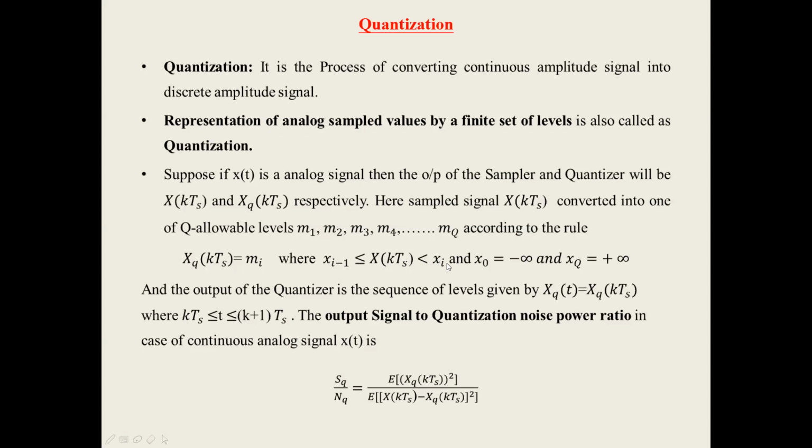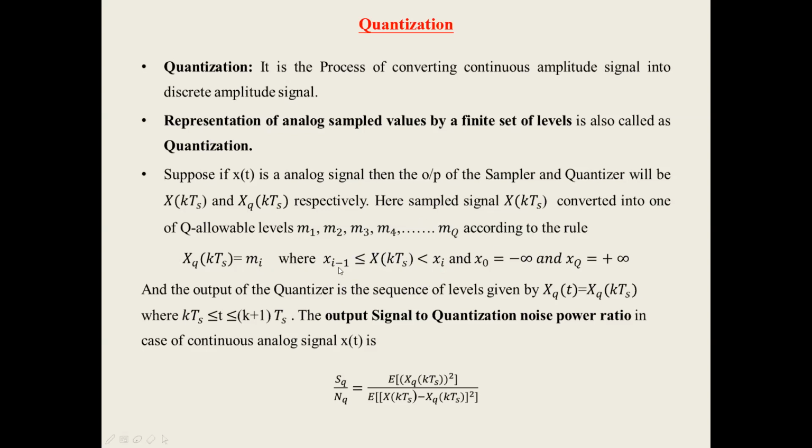So x1 means below 1 volt, and x_(i-1), that is x0, is 0. So below 1 volt up to 0, all sampled values are assigned to the quantization level, that is m1.